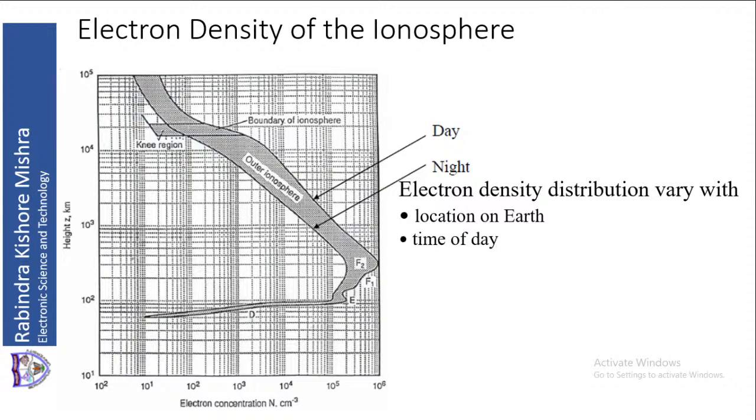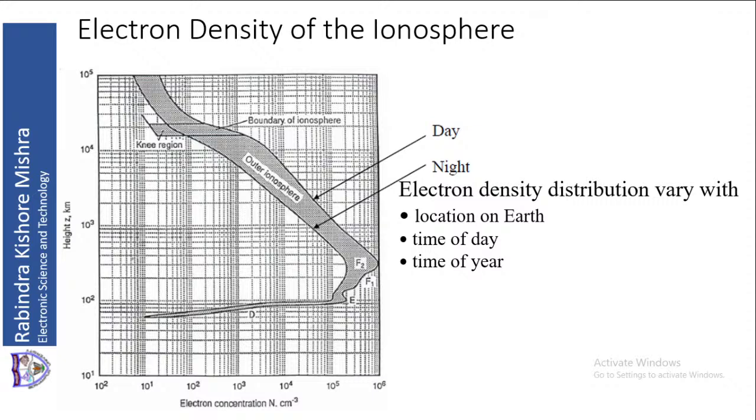Then at what time of the day are we measuring it? If it is in the night, it will be minimum. If it is in the midday, it will be maximum. Between morning and midday, it will gradually increase. From midday to evening, it will gradually decrease to the midnight. So it depends on the time of the day.